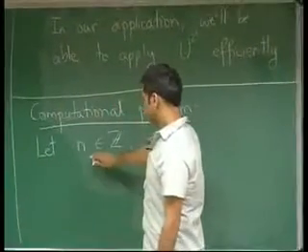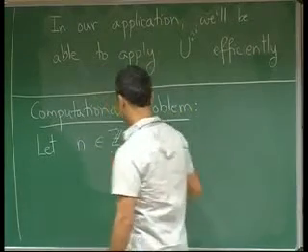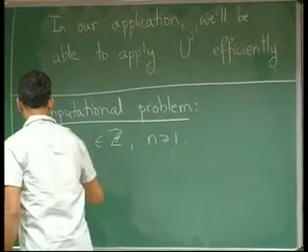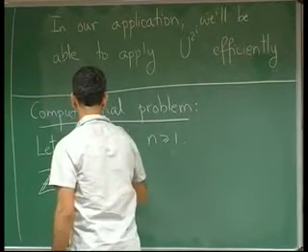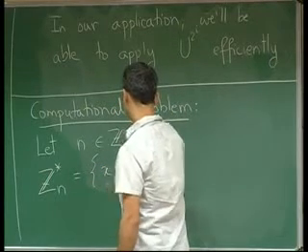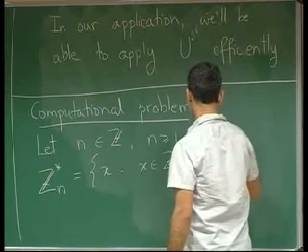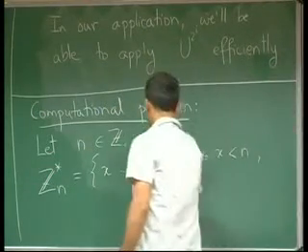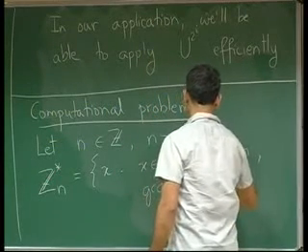So let's get back to this related computational problem. N is some positive integer. We look at all the integers x that are co-prime with N. We look at the set Z*_N of integers x between 1 and strictly less than N, such that the GCD of x and N equals 1.